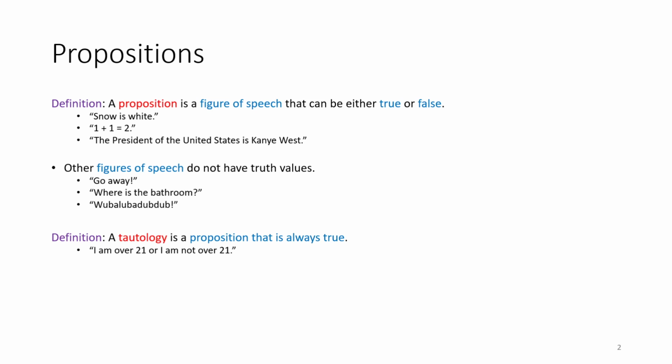Think about that for yourself. One of those two branches is going to be true, and the way that or works, we'll see this in a second, means the whole thing will be true. So this is an example of a tautology, but it's also an example of a proposition.